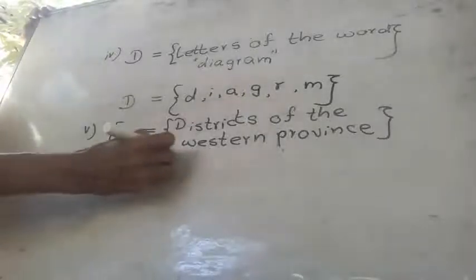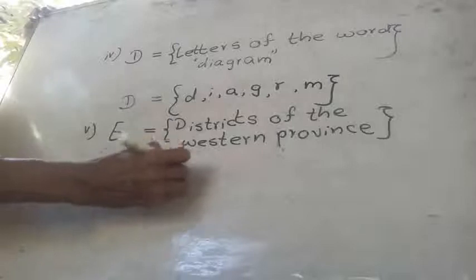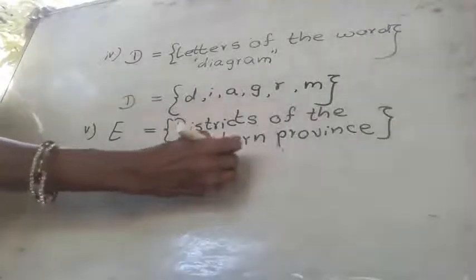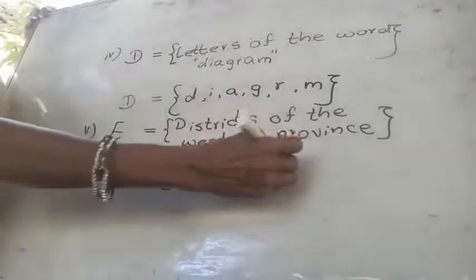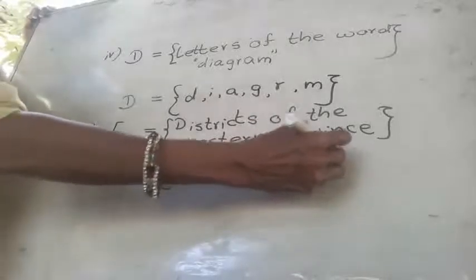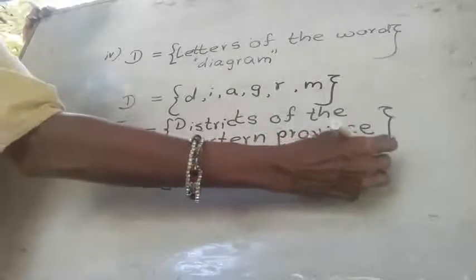What are the districts of the Western Province? Colombo, Kalutara, and Gampaha.